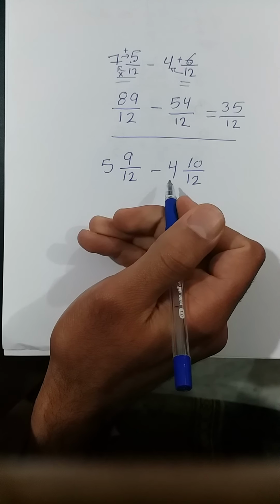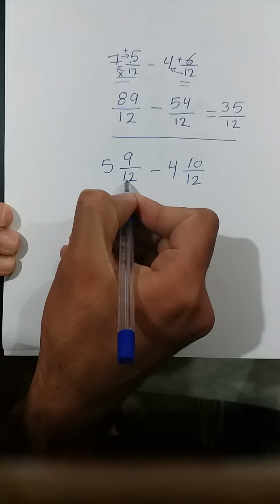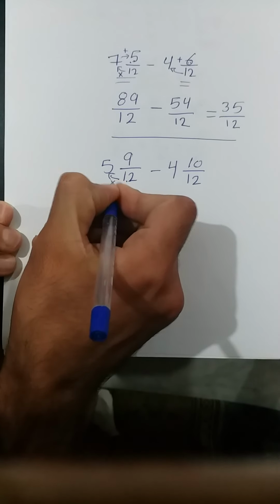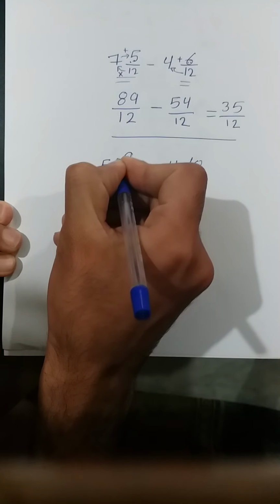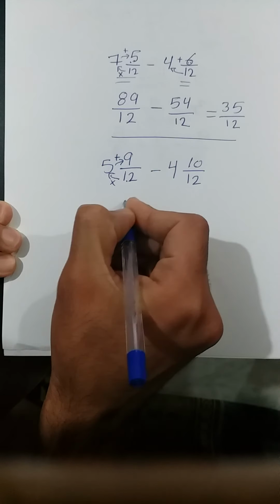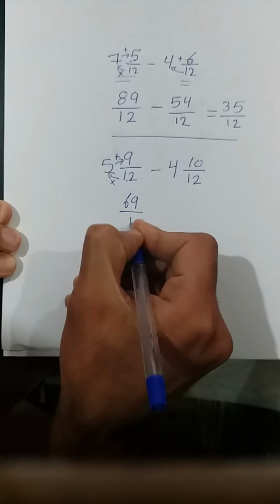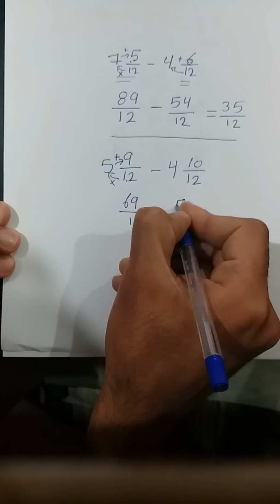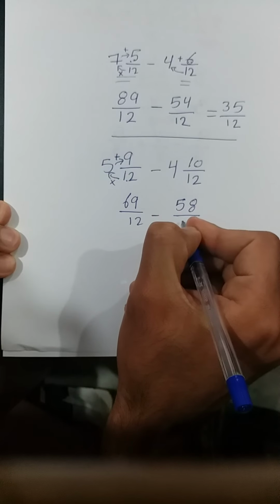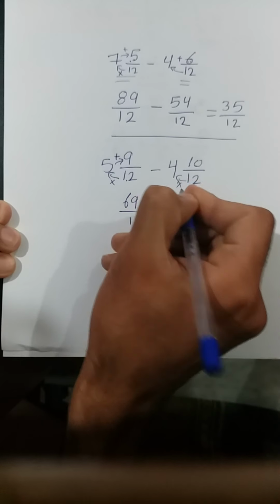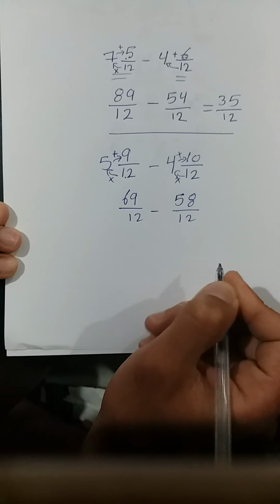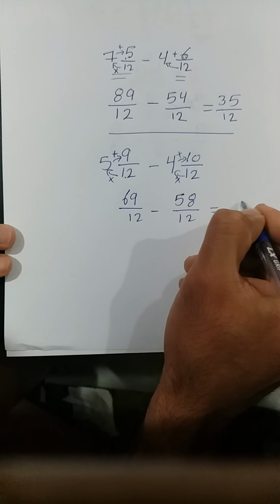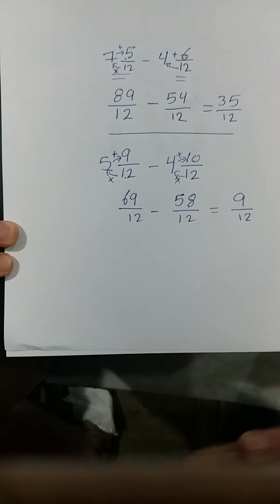So I'm going to write this as a whole number, as a fraction, then minus it. 12 times 5 plus 9 will give me 69 over 12 minus 48 plus 10, 58 over 12, that will give me 11 over 12. And this is my answer.